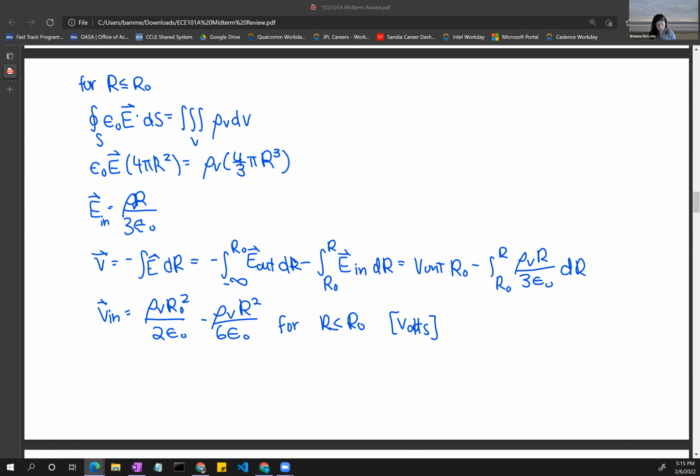So for the question, why we include both V in and E out and E in for the V in, but not for the other one. So let's think about this problem. So when we're outside the sphere, let's say this blue circle is our uniform sphere of charge.